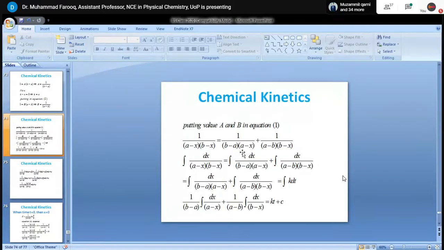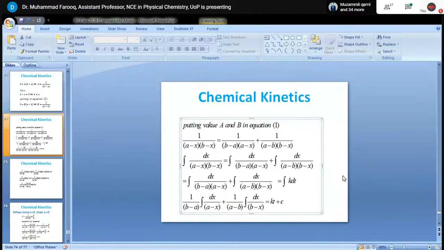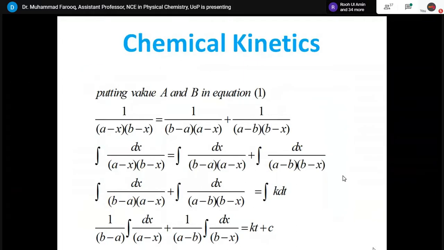Yes, sir. This is clear? Yes, sir. Okay. Now this is k dt. Now you can see 1 over (b minus a) is a constant. I will take it out from the integration. So you can see 1 over b minus a I have already taken out from the integration.